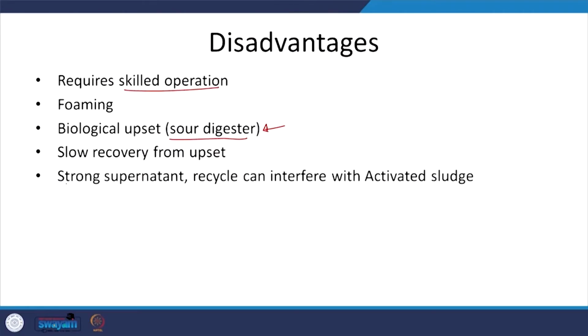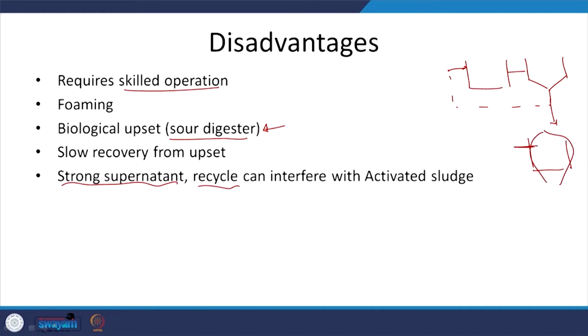And another aspect is that the supernatant is considerably strong. If you recycle that to your activated sludge process, for example, let us say we have an activated sludge process, and this sludge we are taking to our anaerobic digester, let me say the egg shaped one, and you are going to have supernatant.